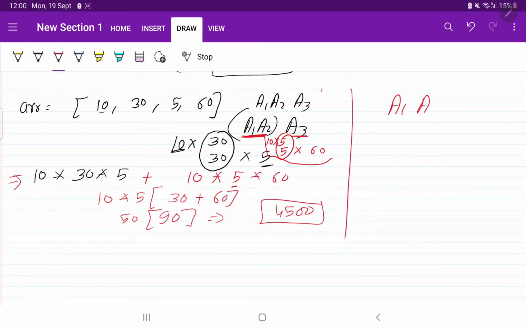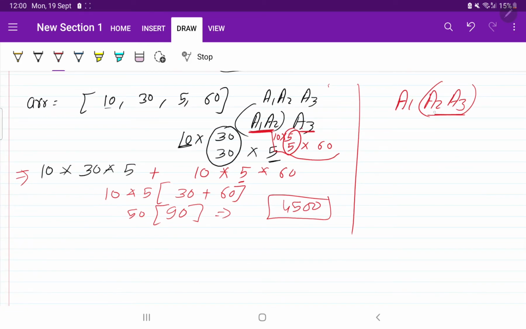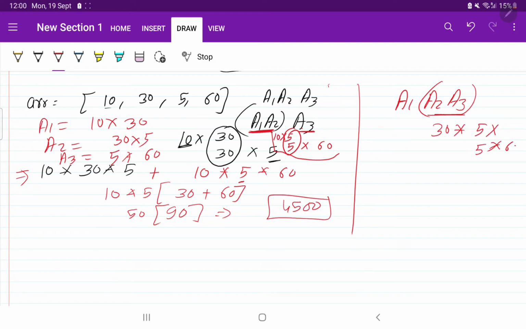Now suppose I am not going to go this way. First I am going to multiply A2, A3, then multiply with A1. What is the cost to multiply A2, A3? A1 is 10 into 30, A2 is 30 into 5 and A3 is 5 into 60. So 30 into 5 into 60.